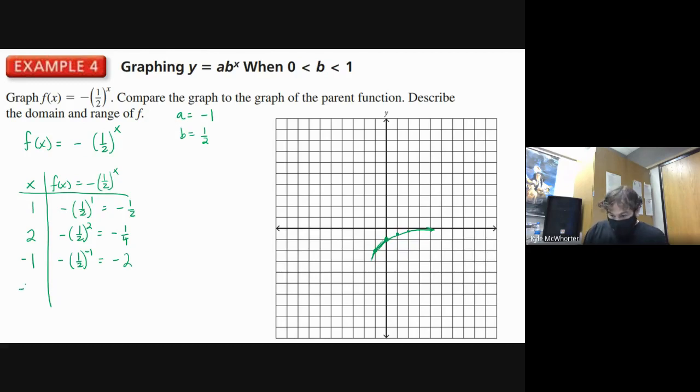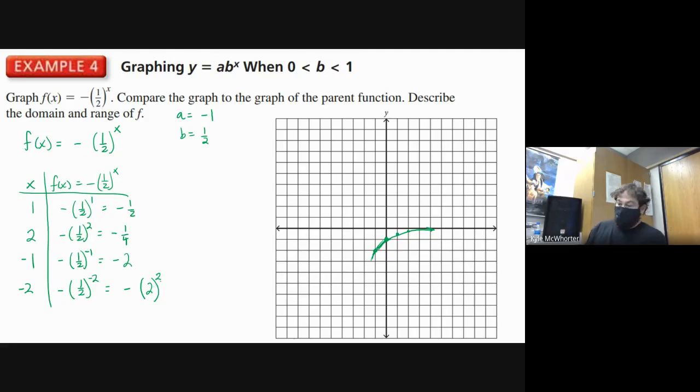And if we pick -2 for x, now we're doing -1/2 to the -2 power, which is negative. So now the negative in front stays in front. The negative from the exponent flips over the 1/2 to make it a 2. That makes the negative part of the exponent go away, but we still have the 2 part.